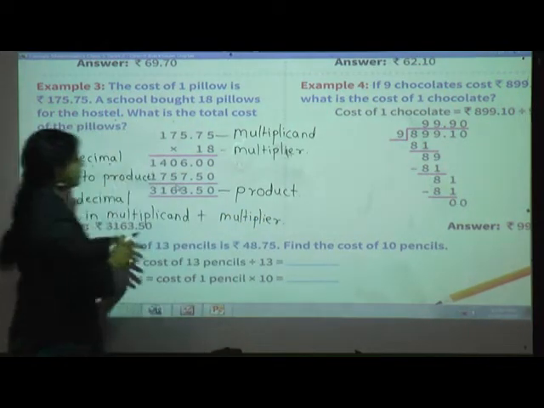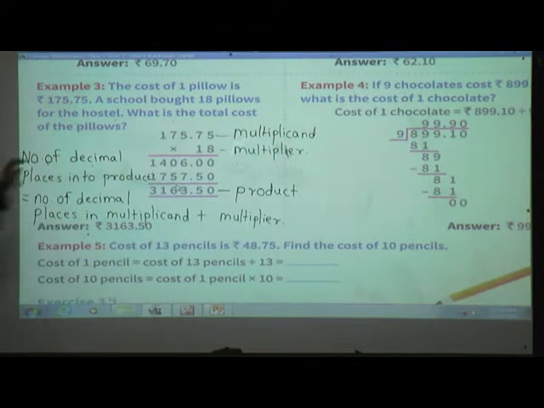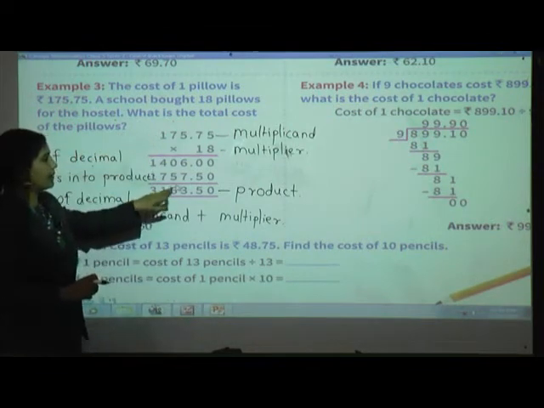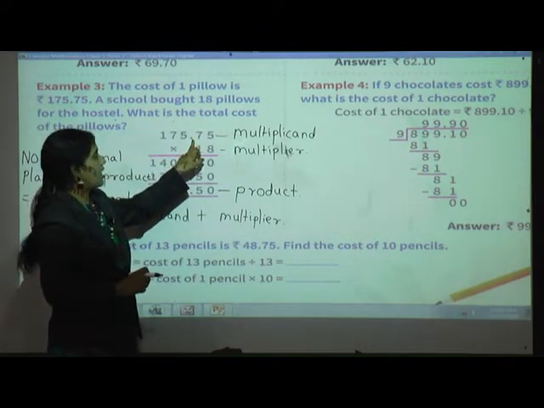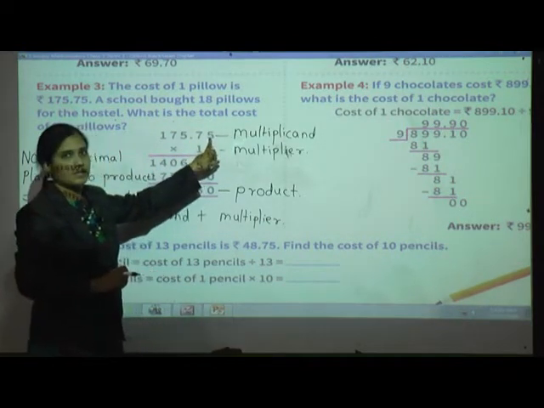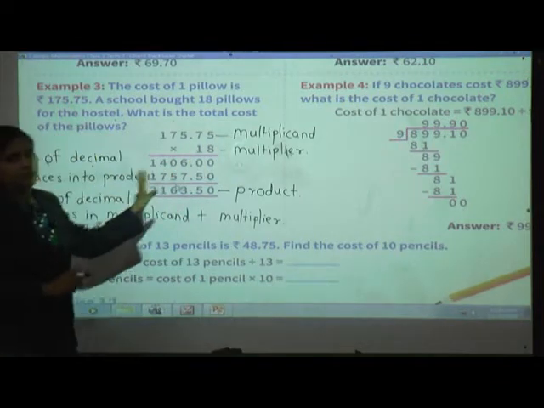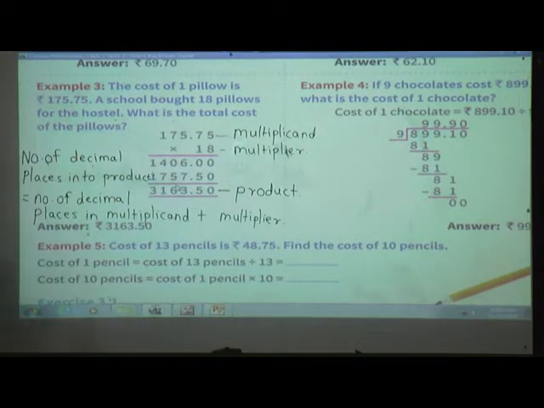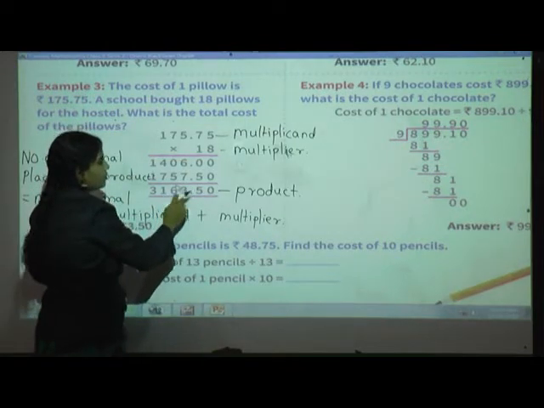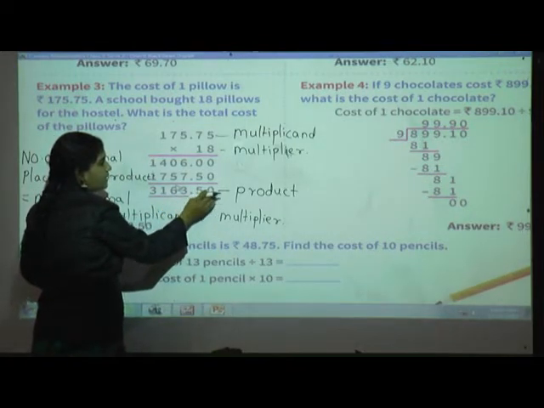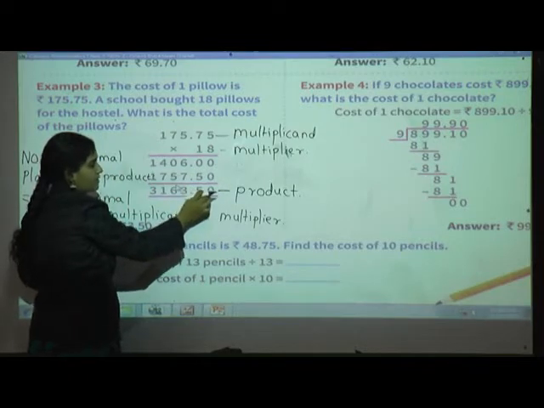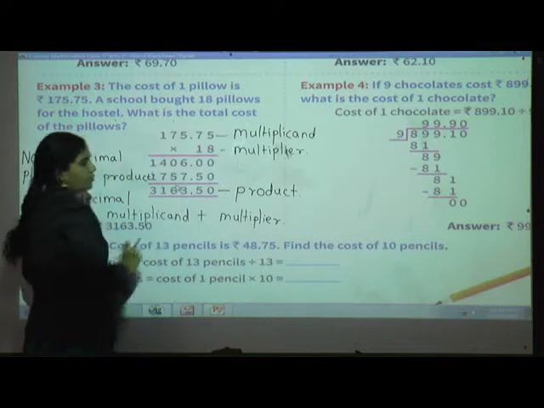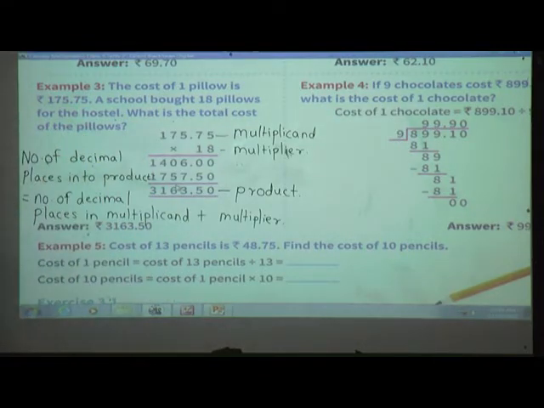Now students, here they have given the multiplication, but how to give the decimal point? See students, here after the decimal 2 numbers, and here nothing, no decimal point. So in the product also give the decimal point from the right side, before the 2 numbers. See like this. Okay, so be aware while writing the decimal point.